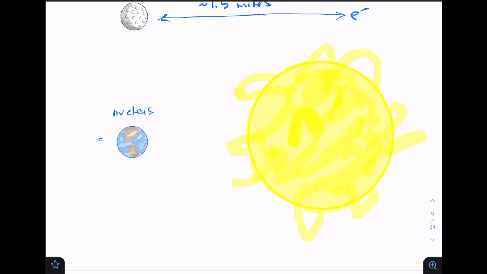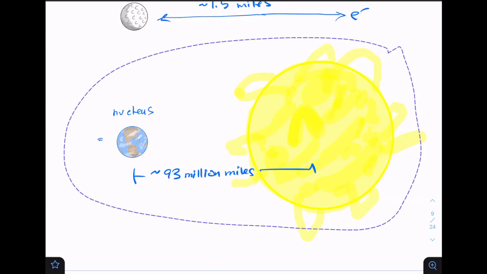But my notes say 93 million miles. This will still get the idea across. So we've got approximately 93 million miles between the Earth and the sun. That doesn't even come close to how far the electron would be if the Earth were the nucleus. To show you that, I have to do something that you can't do in your notes, but I like doing it on Notability here because I can always do that.